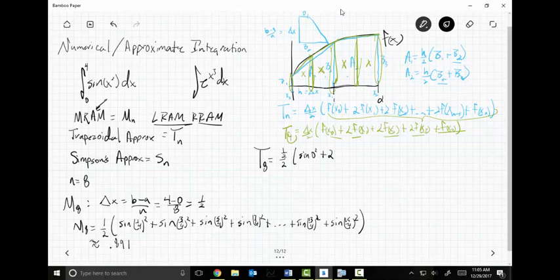Plus twice, I move over delta x, so this would be sine of 1/2 squared, plus twice sine of 1 squared, plus twice sine of 3/2 squared, plus twice sine of 2 squared, plus twice sine of 5/2 squared, plus twice sine of 3 squared, plus twice sine of 7/2 squared, plus sine of 4 squared, right?